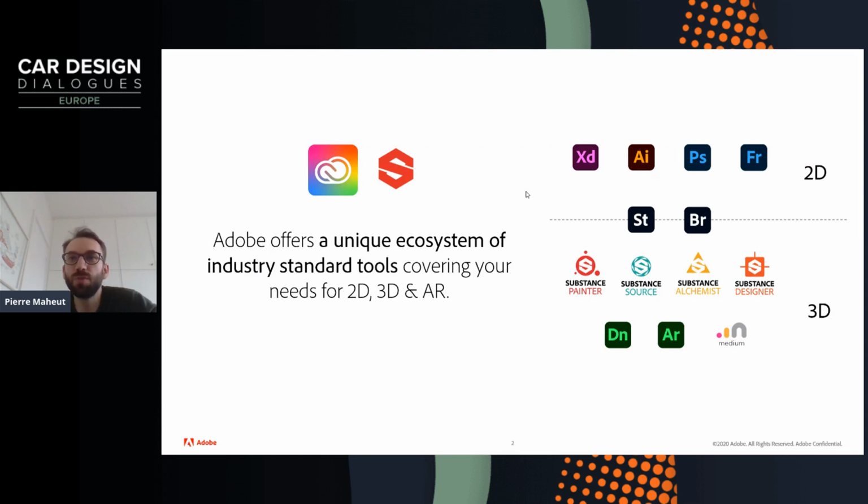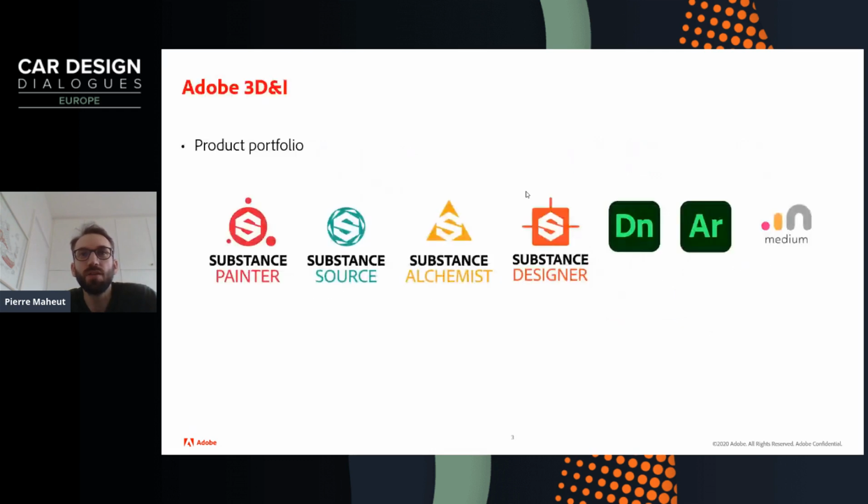But Substance and Allegorithmic have been joining the Adobe family for two years now and have a 3D portfolio dedicated to both digital materials, but also rendering and even sculpting and modeling in VR, with Medium. So it's something we would like to highlight during this presentation. We will be focusing in the first part on Substance materials and Substance software, and then we will give you a little showcase of the latest tools such as Dimension, Aero, and Medium.